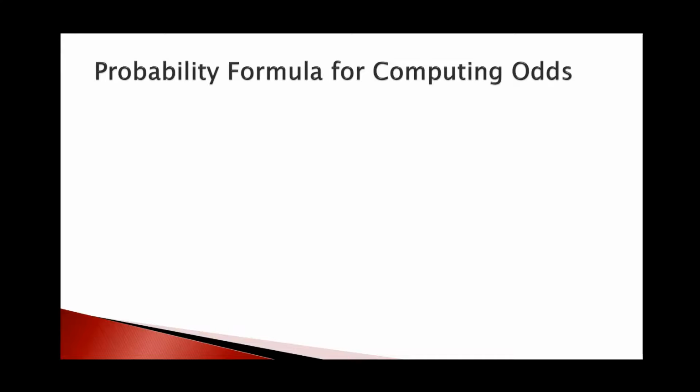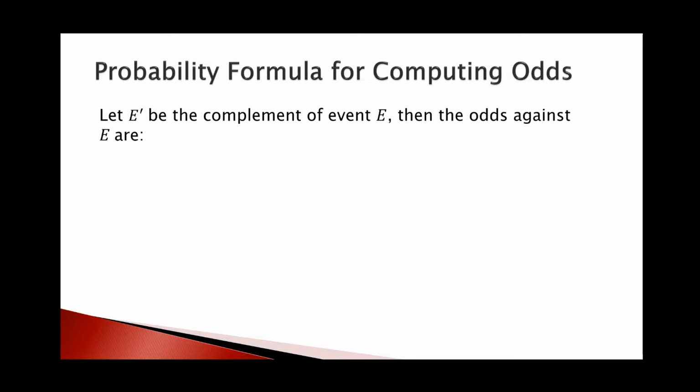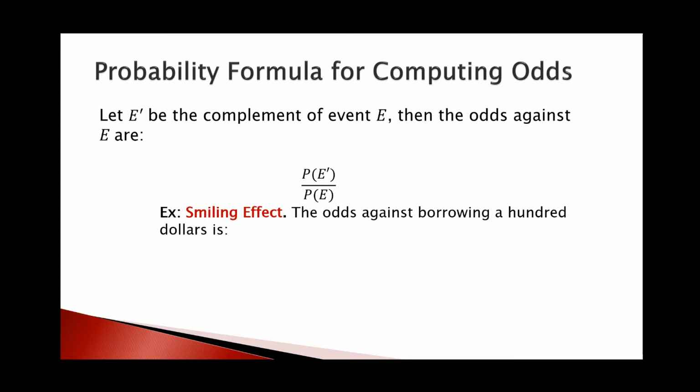Now we'll learn how to calculate odds. The odds against the event E will be equal to the probability of the complement of E divided by the probability of E. Let's consider the smiling effect example that we had before.